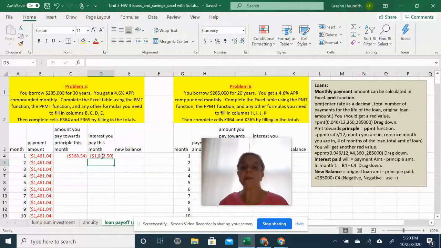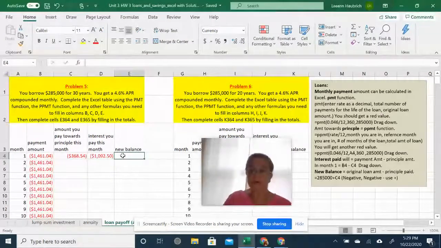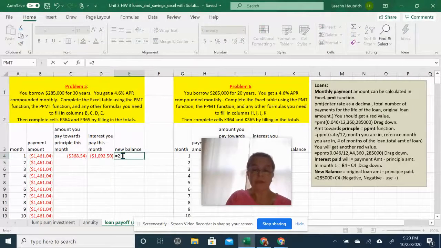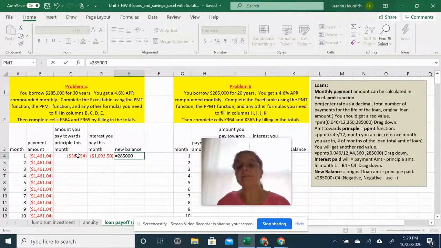How do I find out the new balance? The original amount of this loan was $285,000. Now, if I were to subtract the red, which is already negative, I need a positive. So I want this 285 to be able to decrease.